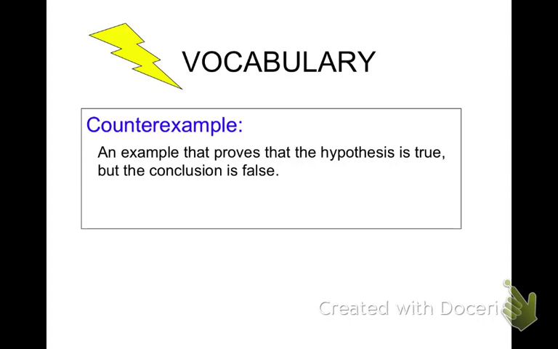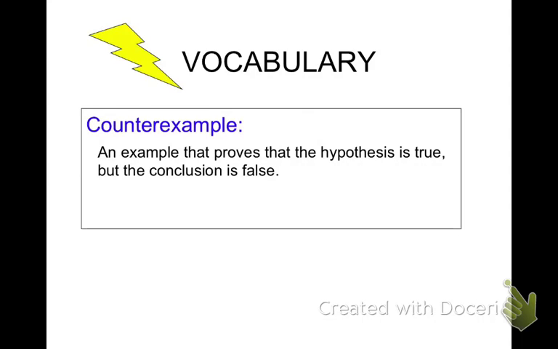So it's much easier to think about counterexamples when your statements are written in if-then form, because I want my counterexample to be true for the hypothesis, so true for the if part, but false for the then part.